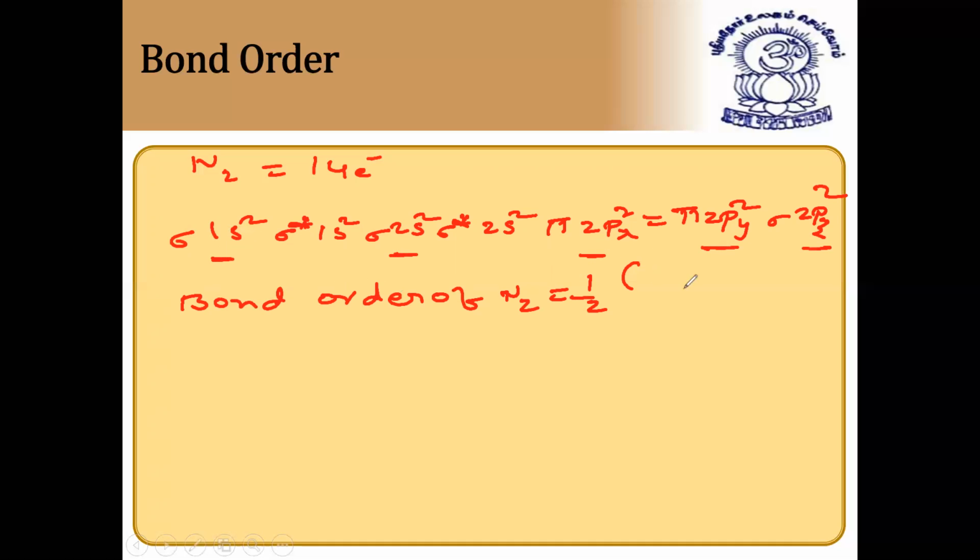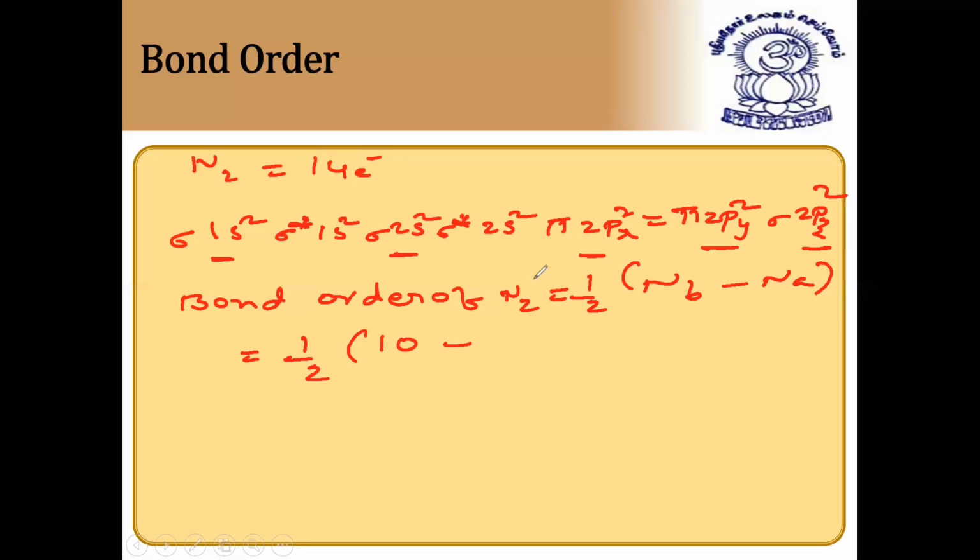Bonding means without star. So half into (Nb minus Na) is 1 by 2 into Nb, the number of electrons in bonding, which is 10, minus the number of electrons in antibonding, which is 2 here and 2 here.